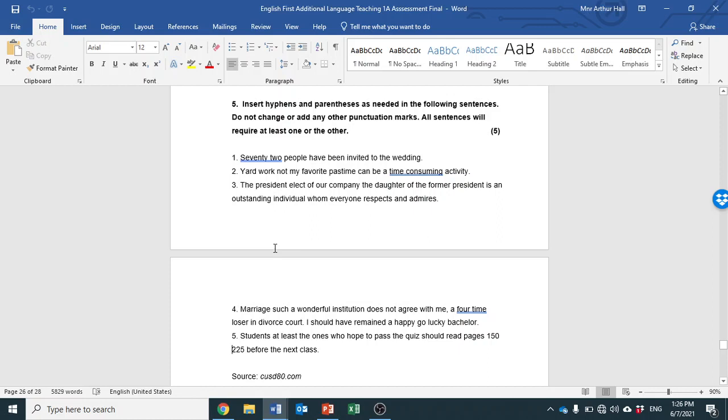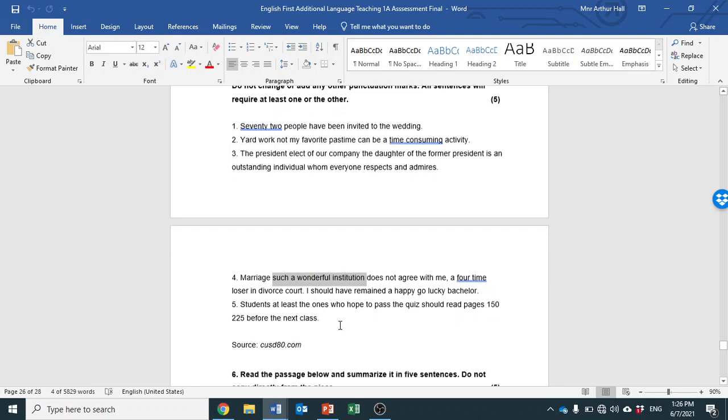All we have to do there is to point out the extra information. Marriage, that's a wonderful institution, does not agree with me. Okay, what does not agree with him? Marriage. Okay, so this part here is marriage. Is extra information, so hyphens there.